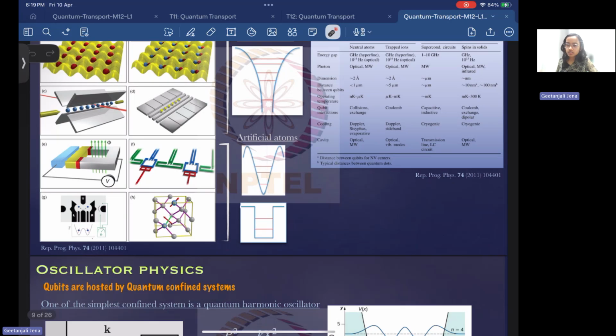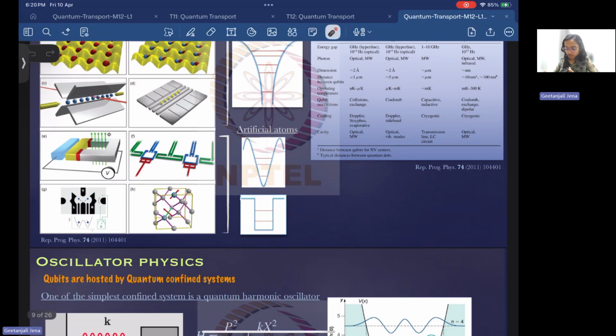To start with, to see what the confined system is like, what the Hamiltonian is, and what the energy spacing is, we can start with the simplest example that we can easily understand. This is the harmonic oscillator.